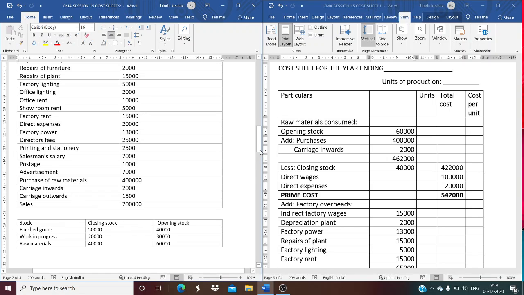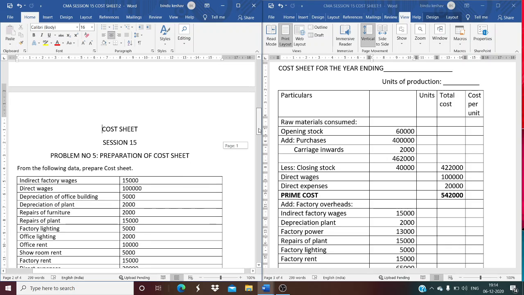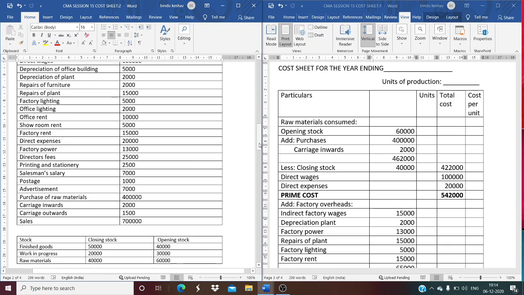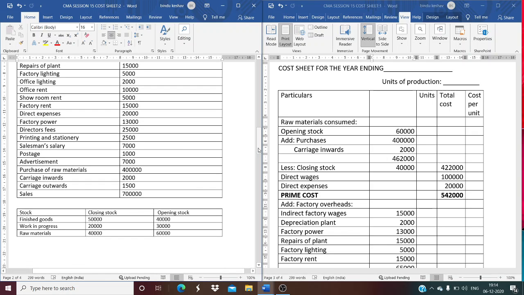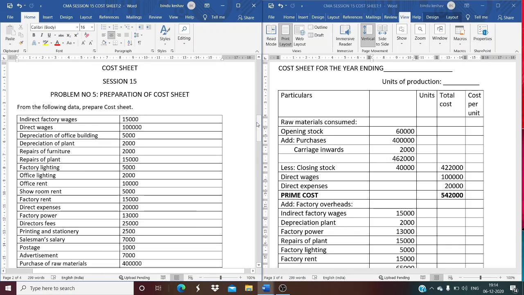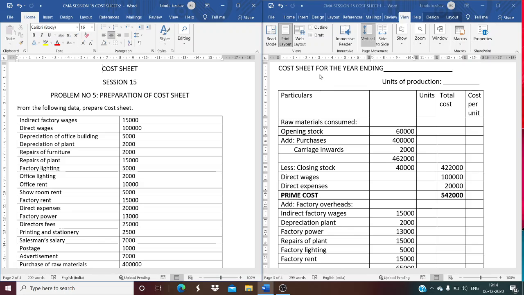So we need to classify the items into direct items, then the factory overheads, office overheads and selling and distribution overheads, and then adjustment relating to opening stock and closing stock has to be carried out to find out the total cost. So the cost sheet will be a cost sheet for the year ending, the period if it is given, units of production if it is given, it will be recorded.